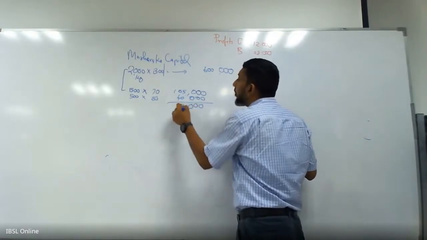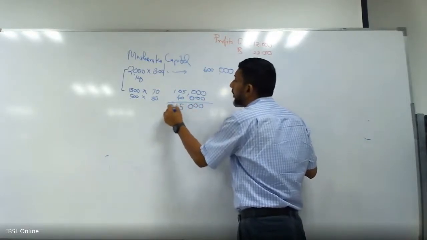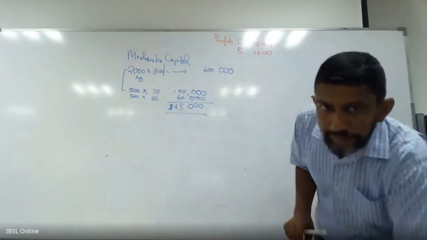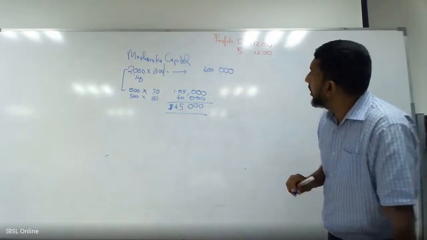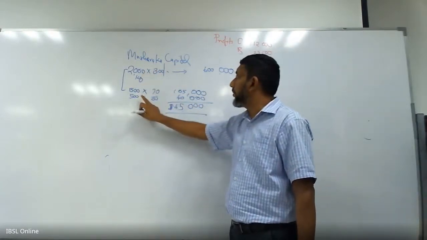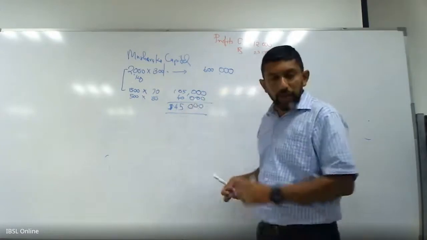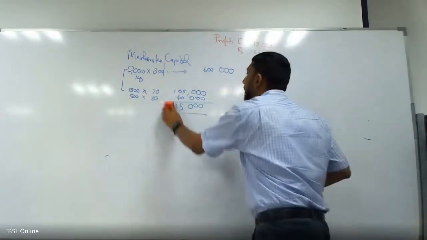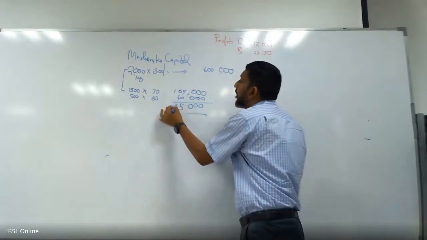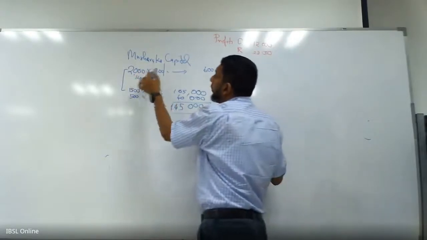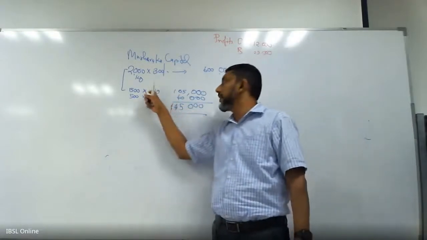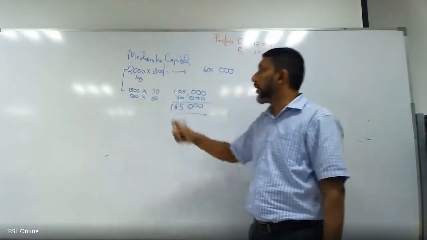Altogether, the total profit is 145,000. So for 2,000 kilograms, we earned a total profit of 145,000. How did I get that? I knew our cost is 300. When you sell at 370, you are getting 70 rupees a kilogram profit.